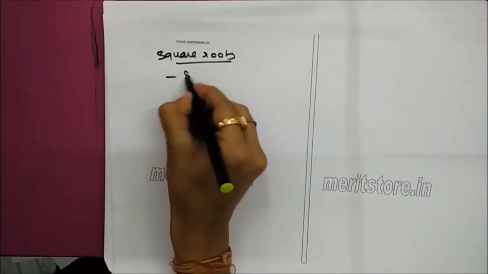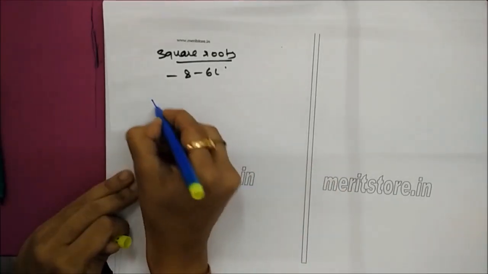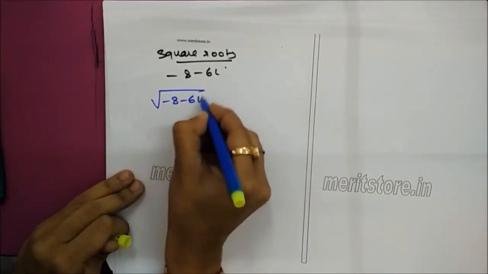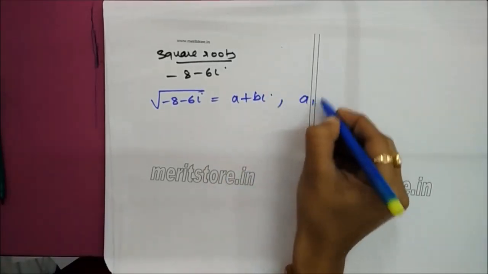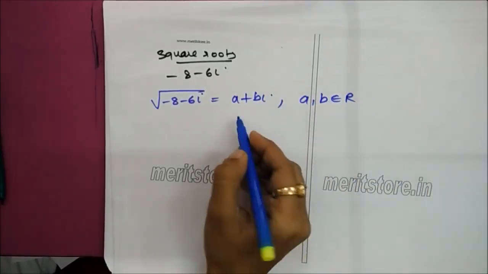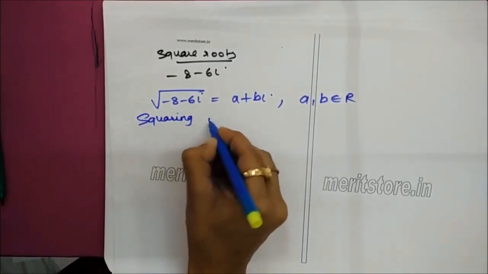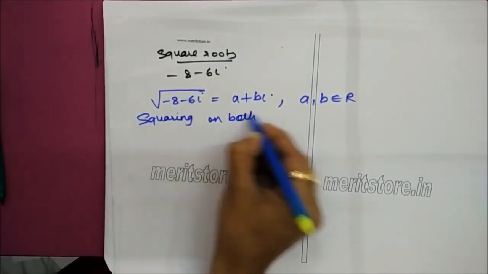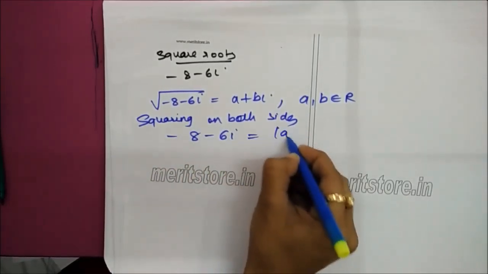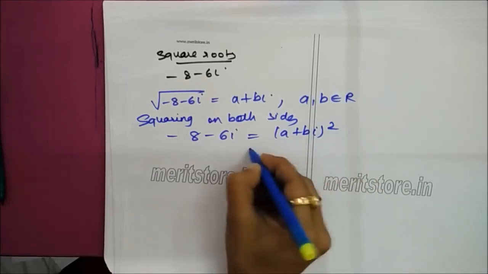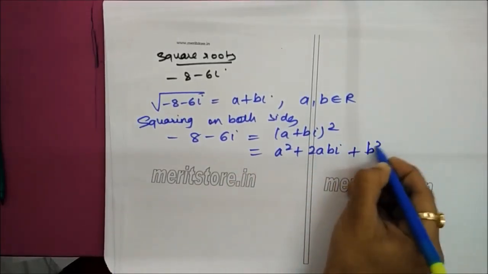I'm discussing the square roots. For 8 minus 6i, how will you proceed? Let the square root be a plus bi, where a and b both belong to real numbers. Squaring on both sides, what you get is 8 minus 6i equal to (a plus bi) the whole square. This is equal to a square plus 2abi plus b square i square.